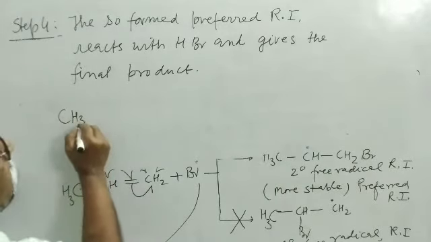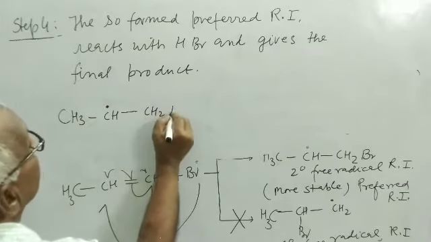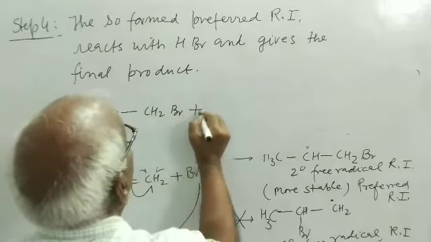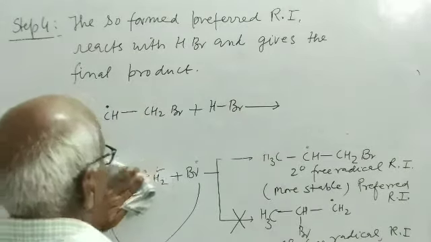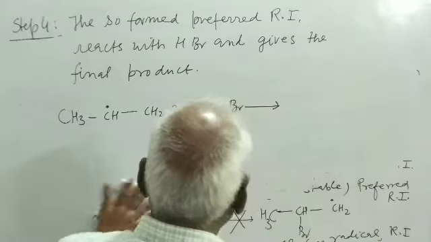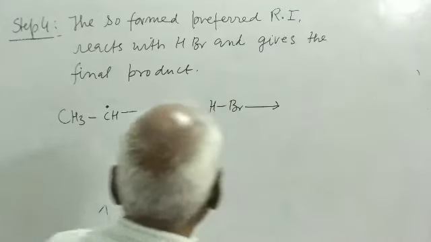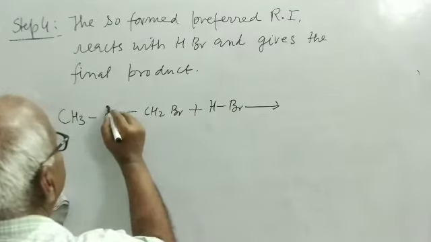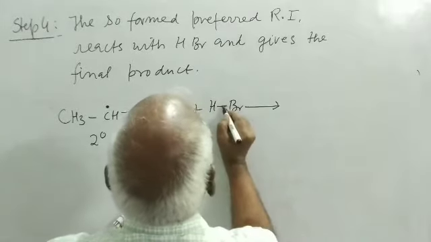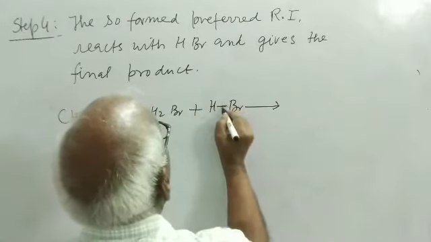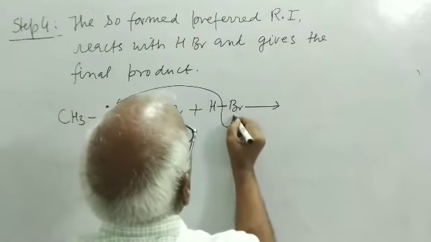CH3 CH CH2Br plus HBr, this is 2 degree. It comes over here and one goes over here.